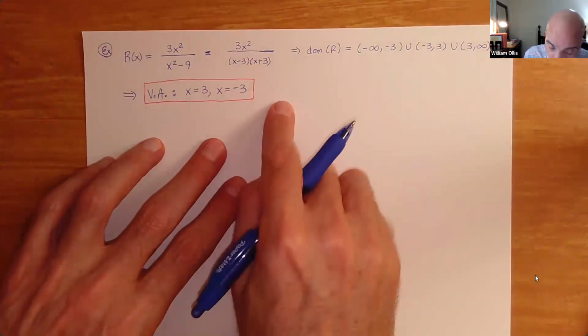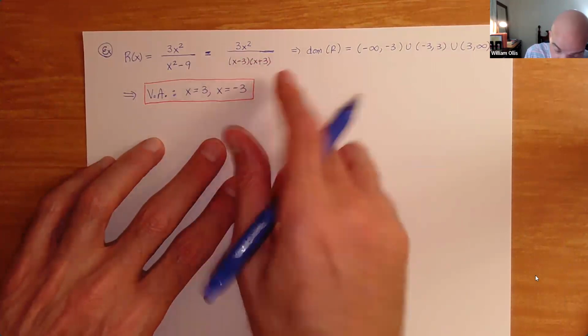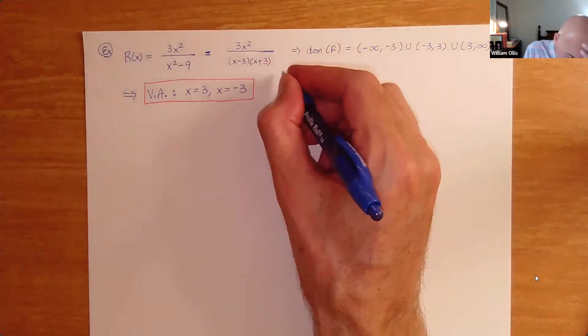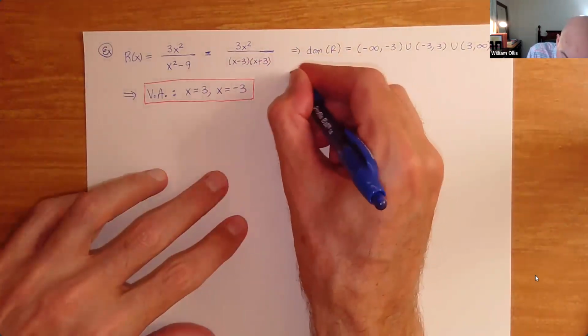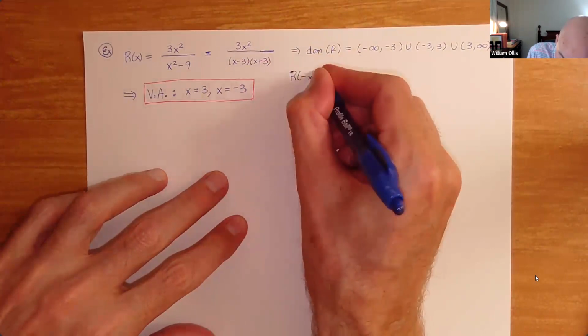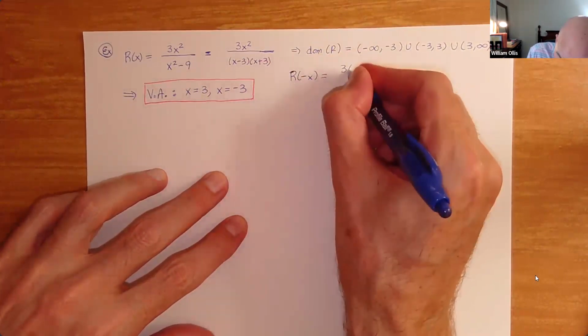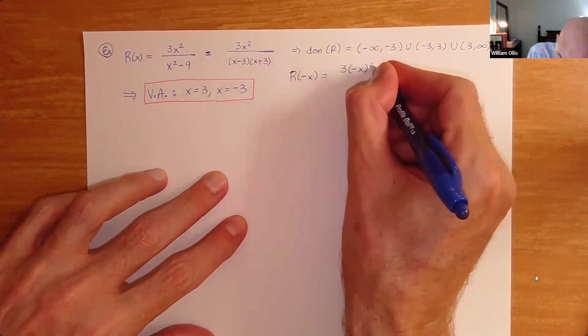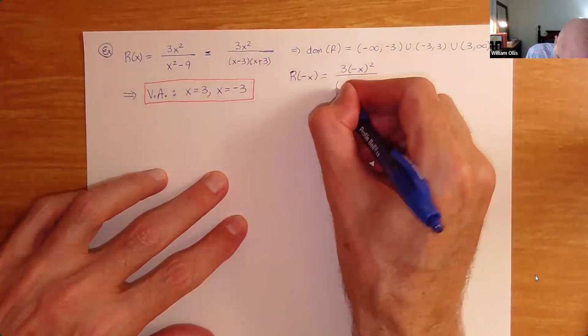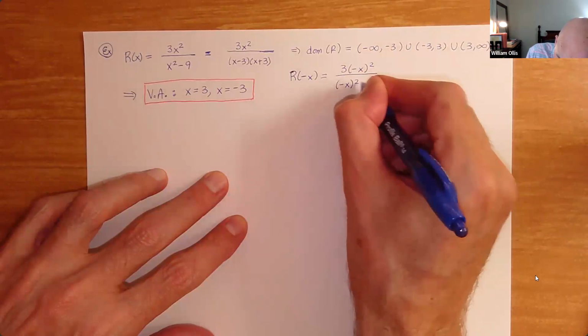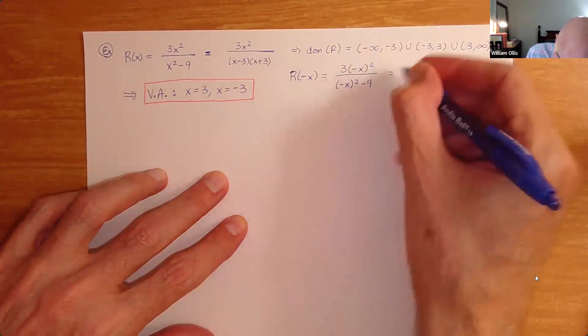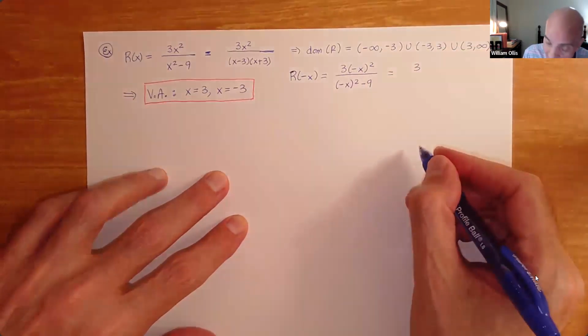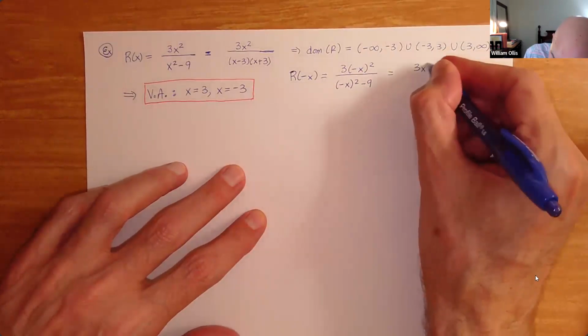Now, you might have already observed this, R is an even function. We have a symmetric domain, but R of negative x equals 3 times the additive inverse of x squared divided by negative x squared minus 9. And that gives us, when you square the negative, it absorbs, so you get 3x squared.